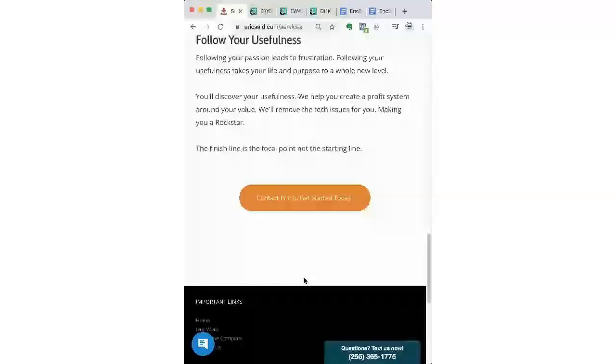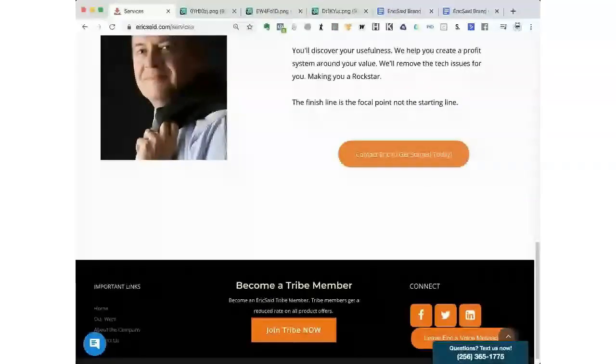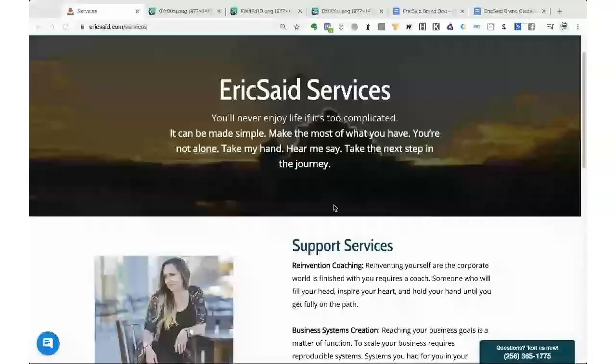Make sense? So I do design that with the mobile device in mind. And you can see that, in fact, is the hero's journey as we do that, right? Is that clear?